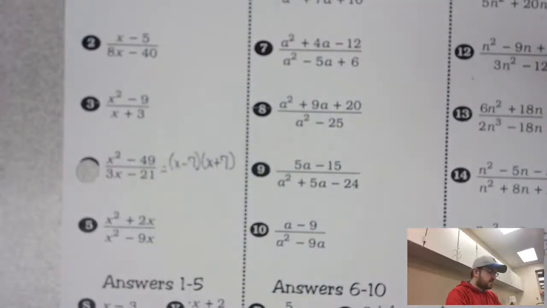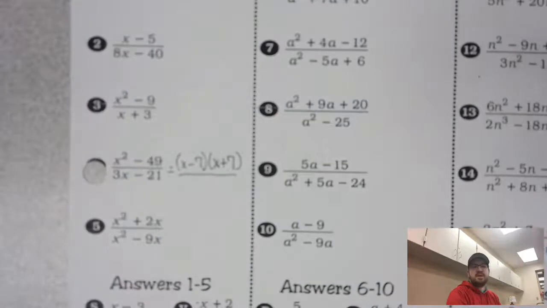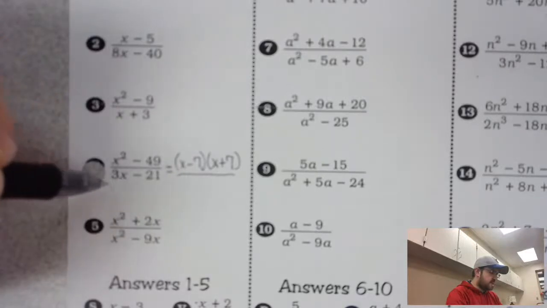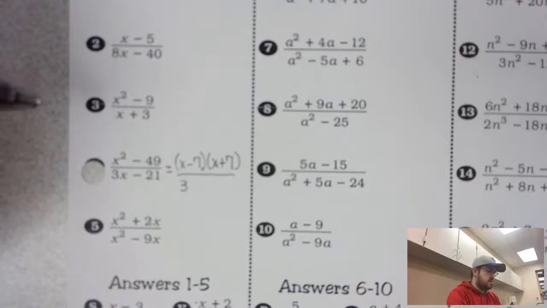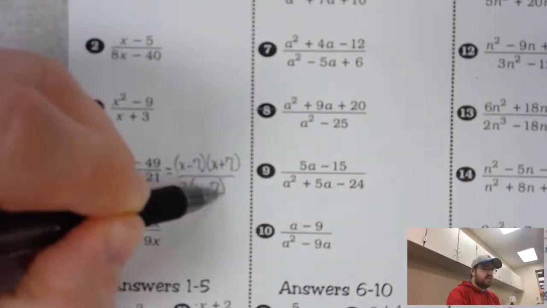On the bottom of this fraction, we always want to be thinking about the GCF first. Looks like 3x minus 21 has a common factor of 3. What's left over is x minus 7.